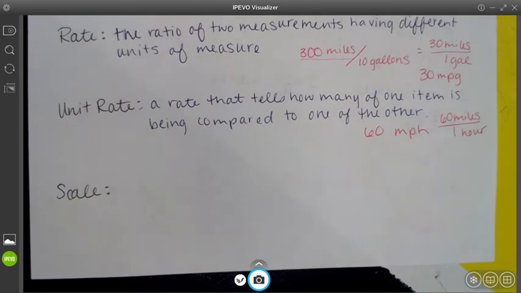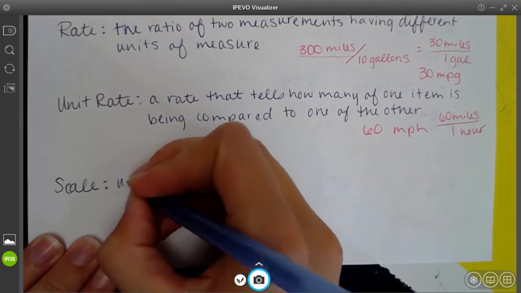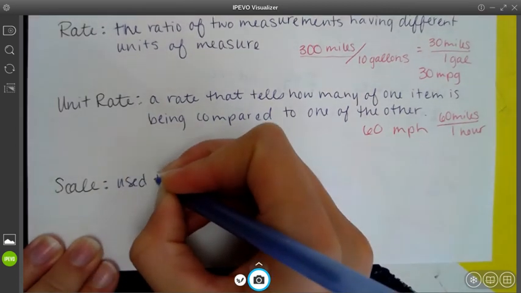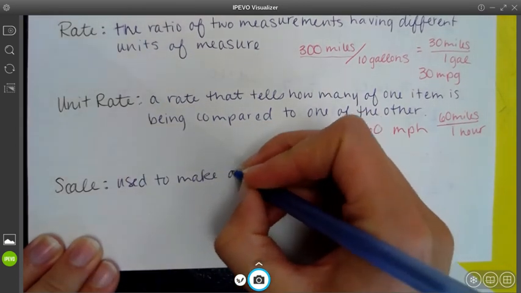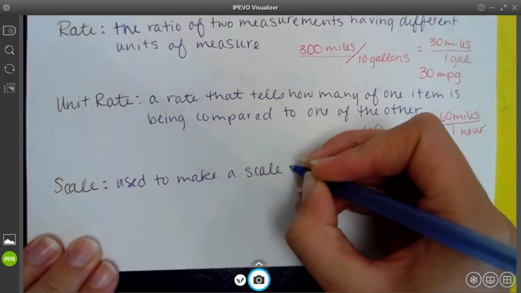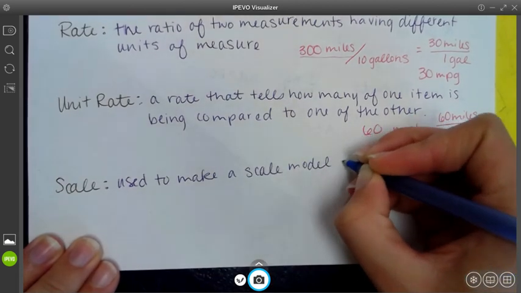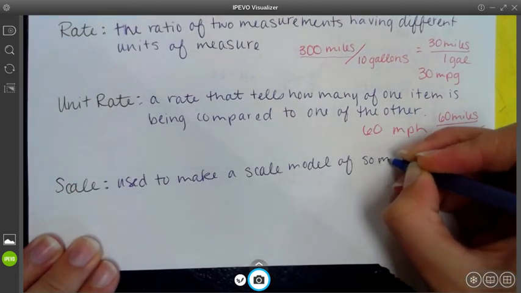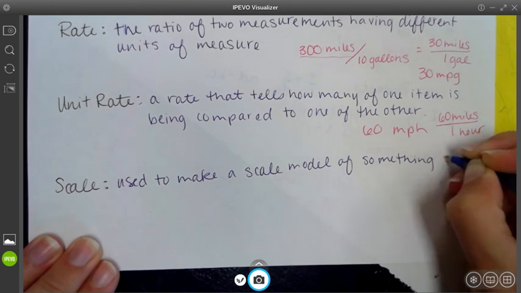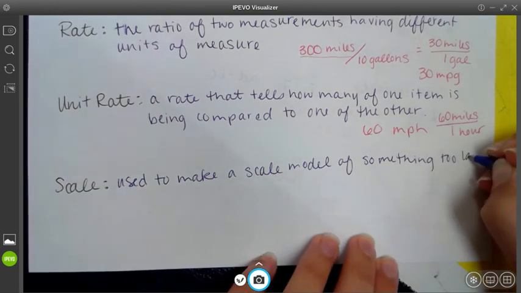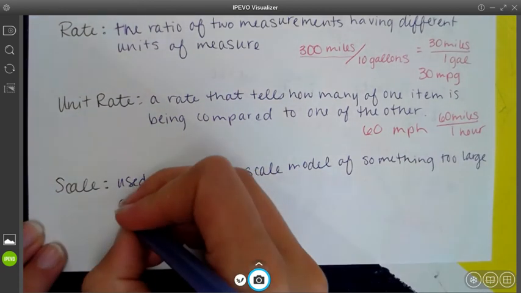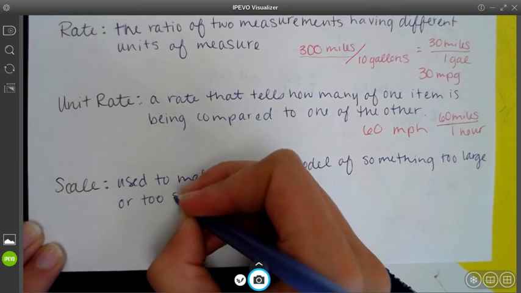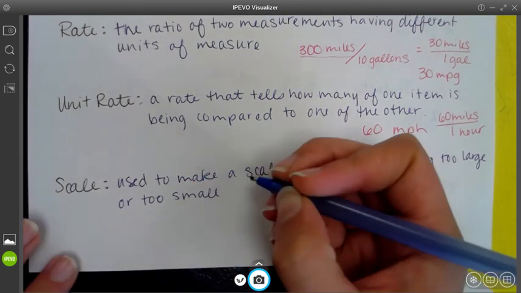You might have heard a scale before, like a scale model. A scale is used to make a scale model of something that could either be too large or too small, maybe like a cell or an atom.